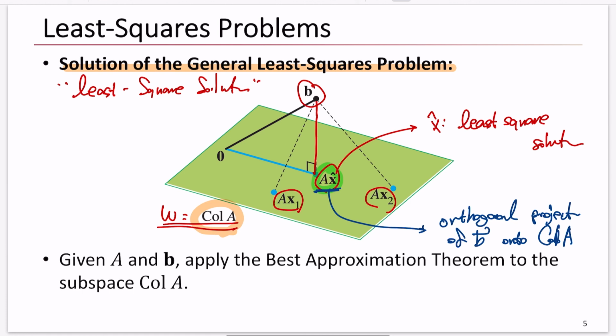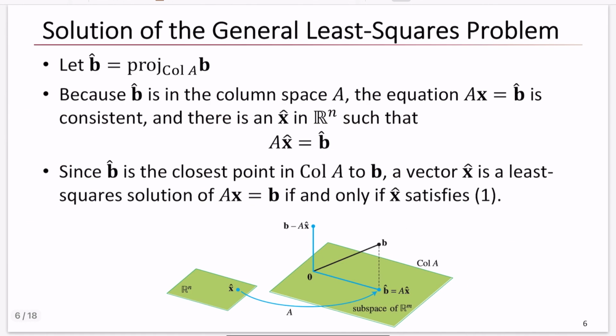So in other words, given A and b, we apply the best approximation theorem to the column space of the matrix A. That's just called a least squares solution.